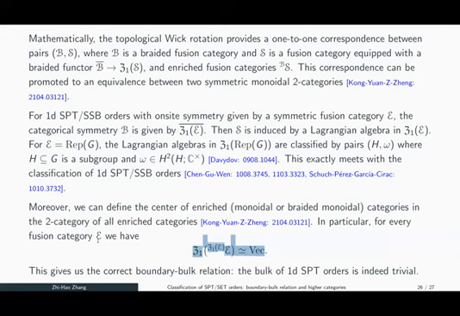I don't know such examples, but maybe the symmetry has spontaneous symmetry breaking. But if the symmetry is explicitly broken, maybe it is also possible.